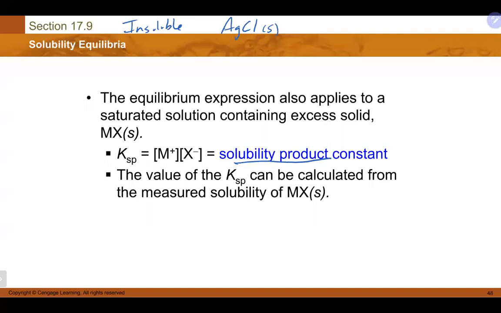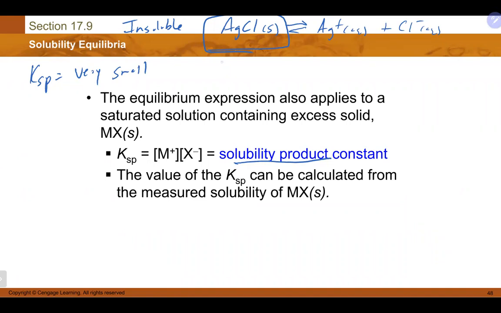Even though this thing is insoluble in solution, it sets up an equilibrium, and a little bit of it will break apart into its actual ions. And it sets up a KSP, and KSP values, because they really are for insoluble things, are usually very small. Because they're very small values, that means we mainly have our reactants at equilibrium, but we do get a little bit of our products that will break apart.